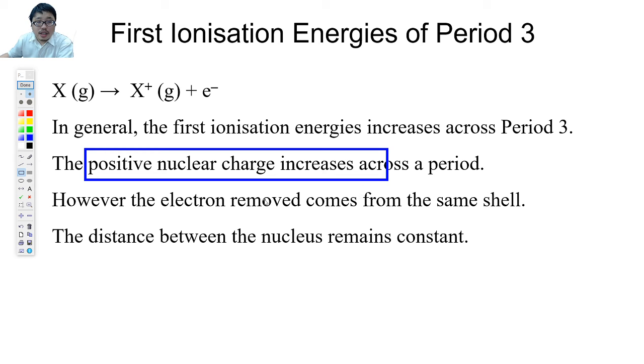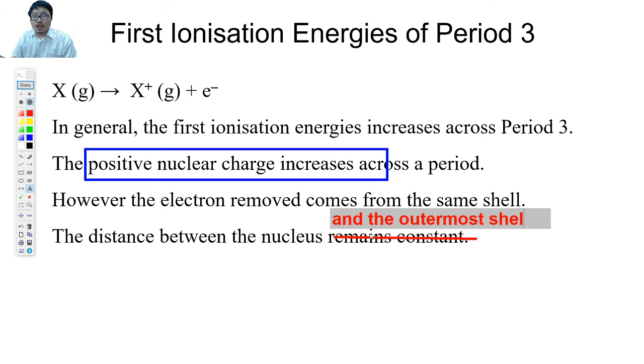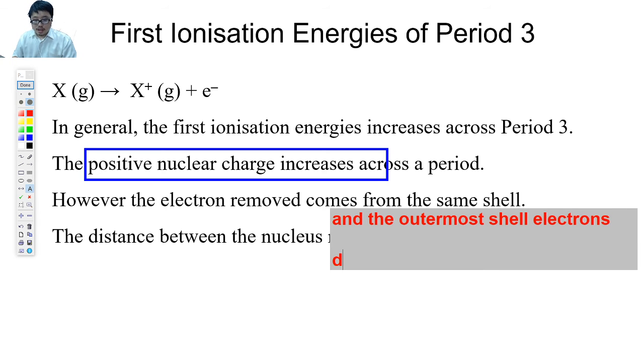However, the electron removed comes from the same shell, so the distance between the nucleus and the outermost shell electrons decreases.